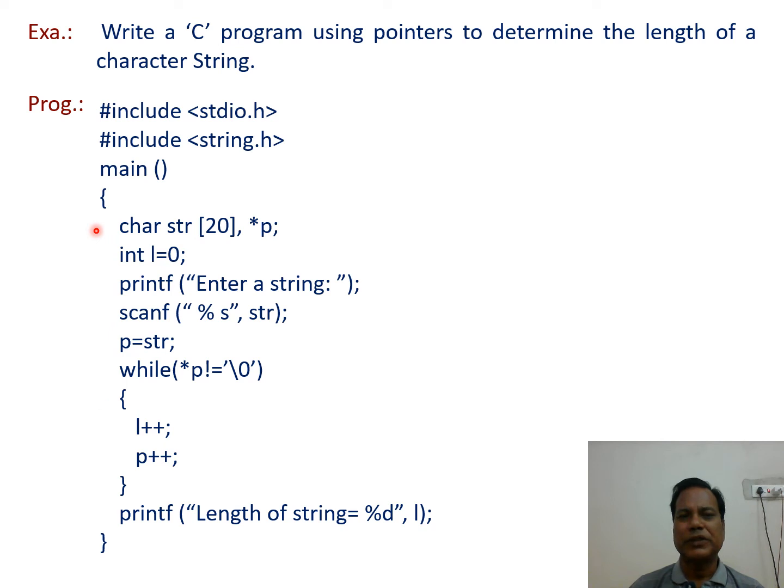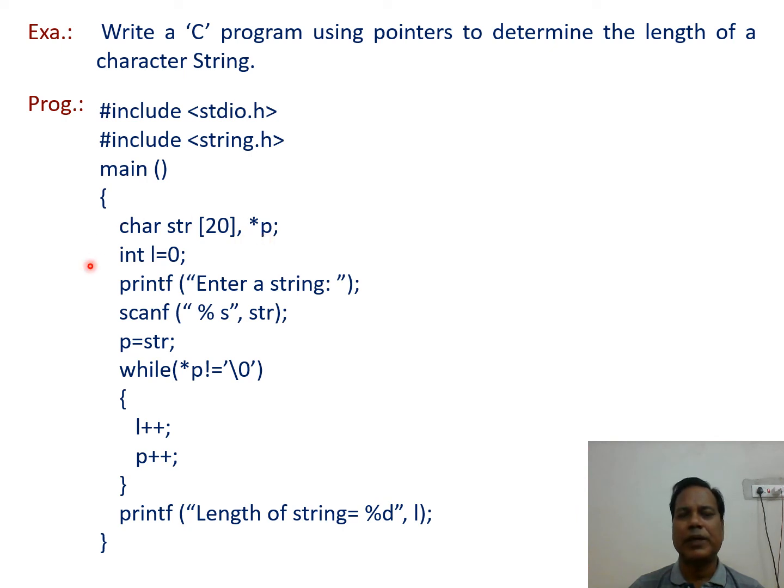The first statement of the main function is char str[20], *p;. Using this statement we declare a character type array str and also a character type pointer variable p.